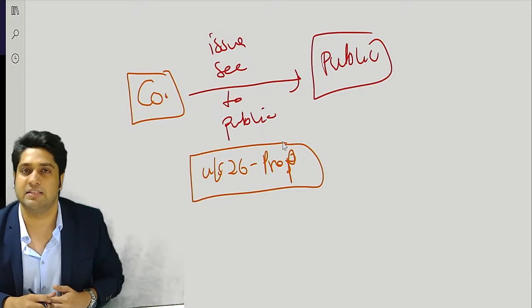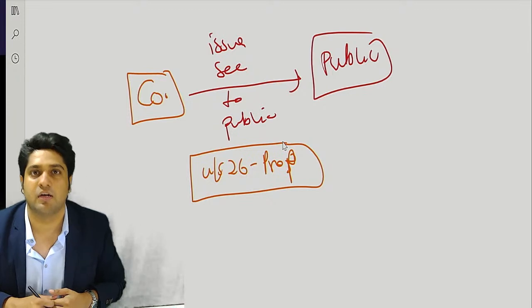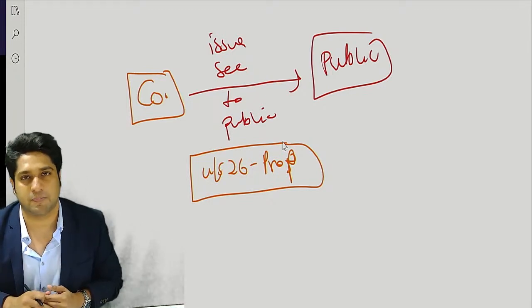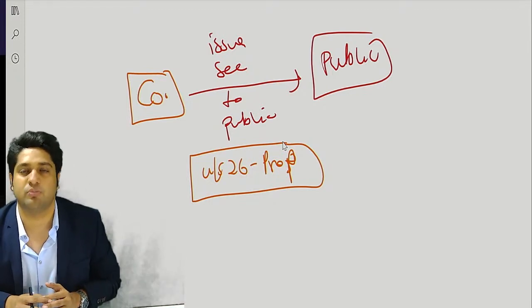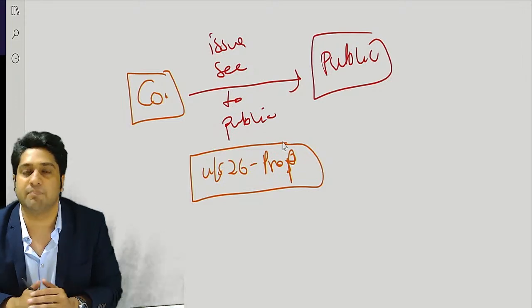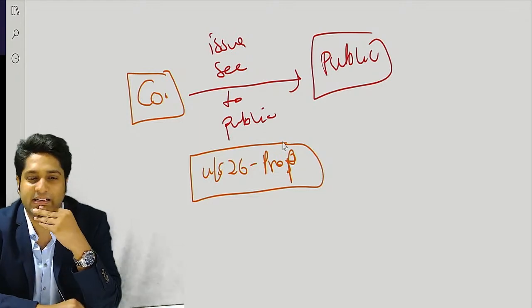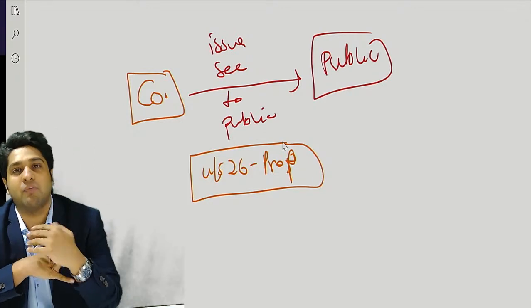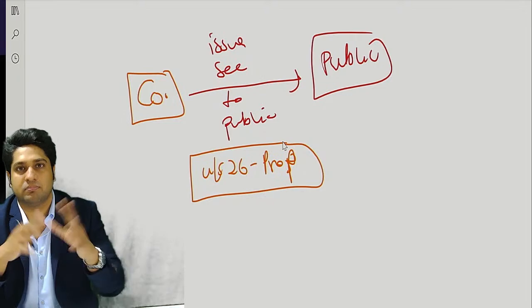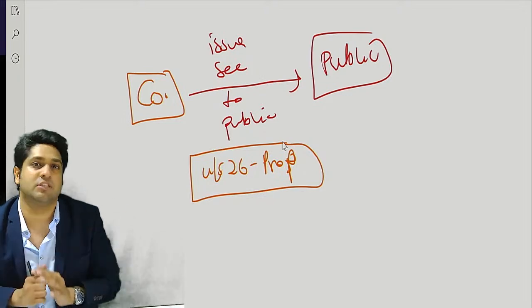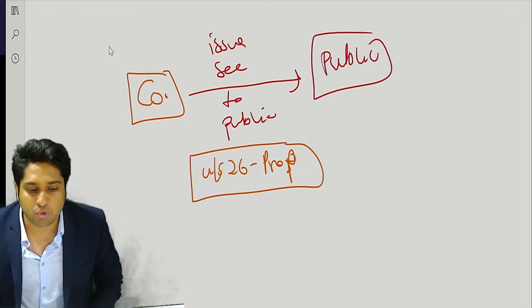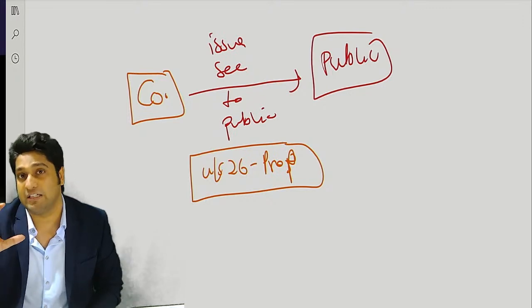When a company is issuing shares to the public, that document is called a prospectus, and under section 26 they have to enter all the important matters in that prospectus. So the company is thinking, let me do one thing, I want to escape this problem of disclosures. I don't want to disclose. So what I will do, pay attention.